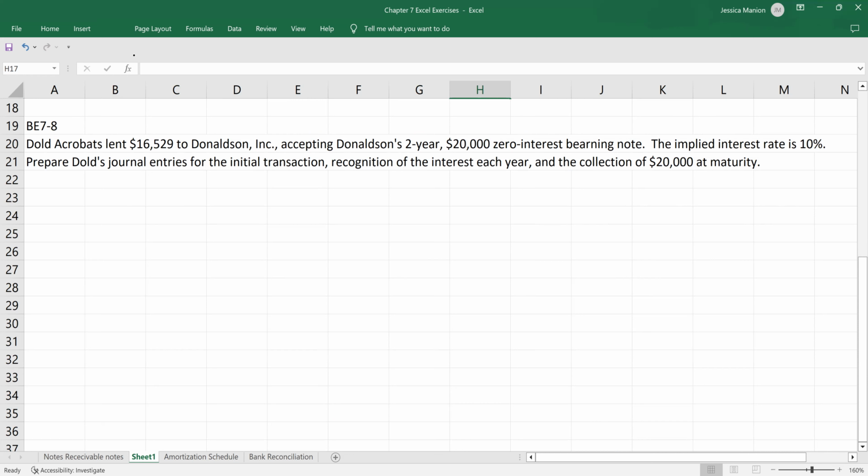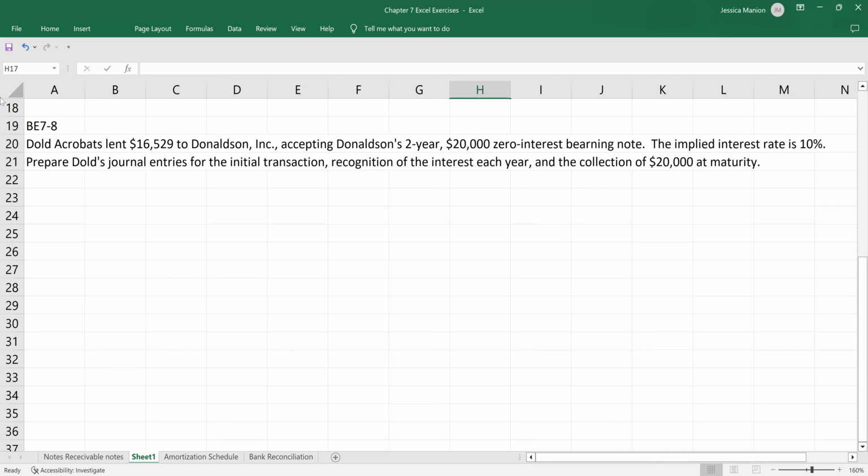So really what this one is doing is that we're already, essentially discounting this note, right? Because Donaldson is going to pay us back 20,000 when they pay back this note. We're only giving them 16,529, right? So we've really already discounted it back. We've already taken away the interest, right?